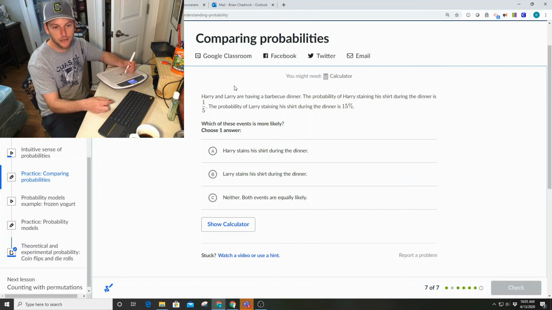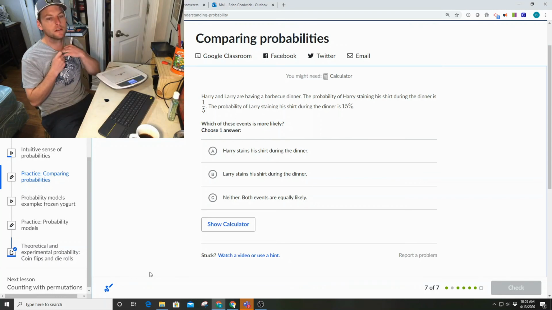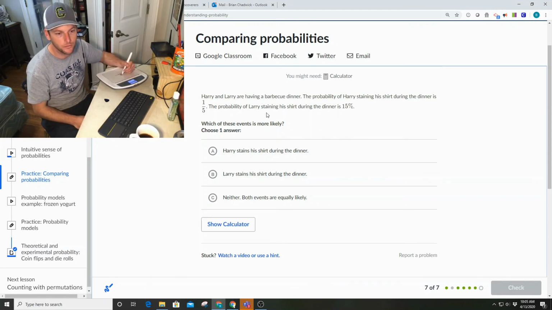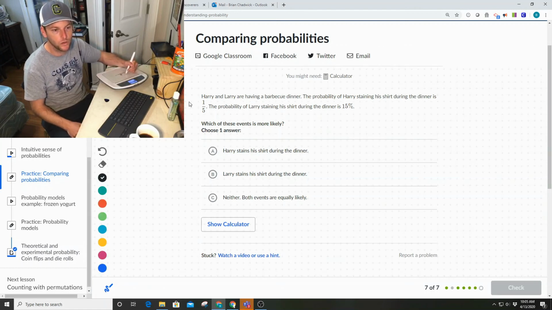The probability of Harry staining his shirt during the dinner is 1/5. That guy needs to put a napkin right here. The probability of Larry staining his shirt during dinner is 15%. So the easiest way here is to figure out what 1/5 is as a decimal, and you can put it in your calculator. 1 divided by 5 is 0.2 or 20%. So is 20% higher than 15%?